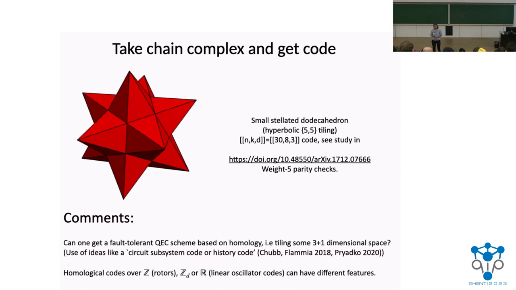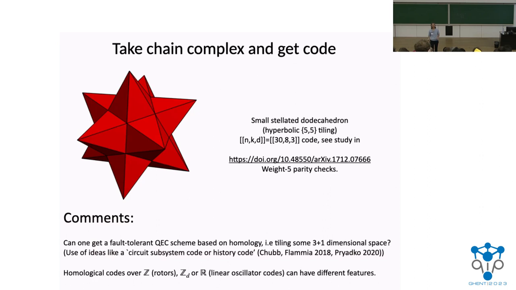But you can also take many bosonic modes, and I want to encode a logical oscillator in those. And therefore, I take some linear combination of quadratures. Every oscillator has an x and a p, and I take a linear combination of these x's and p's, and I say on the code space, they have to be 0.